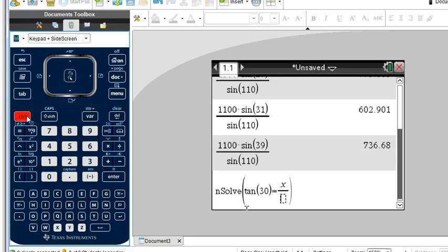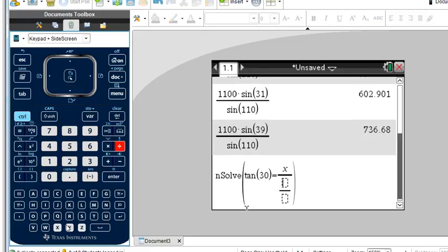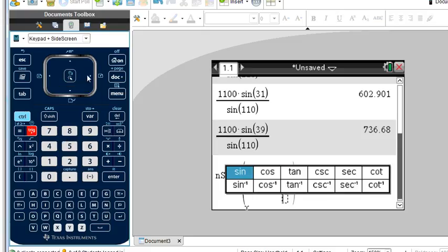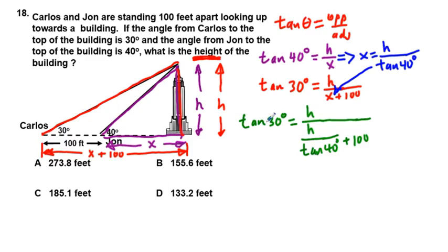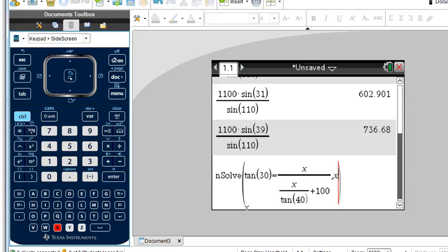We're going to call the variable x here, so x over tangent of 40 degrees, then put plus 100, and then comma x. Let me look back to make sure we have tangent 30 and everything looks good. Let's press enter, cross your fingers, don't get an error.